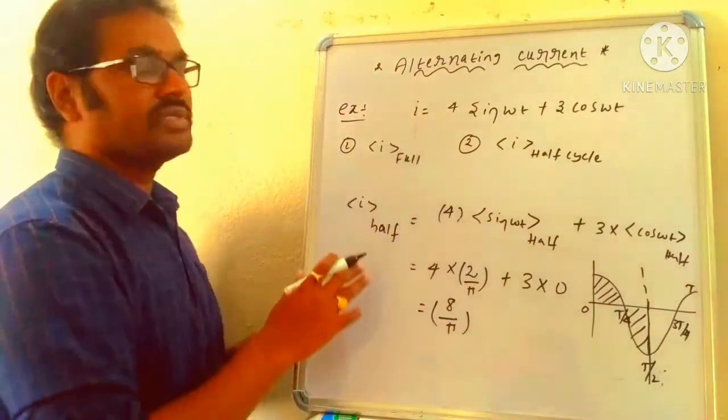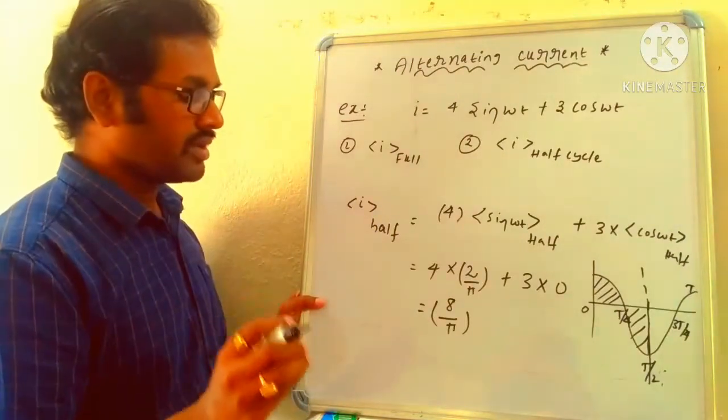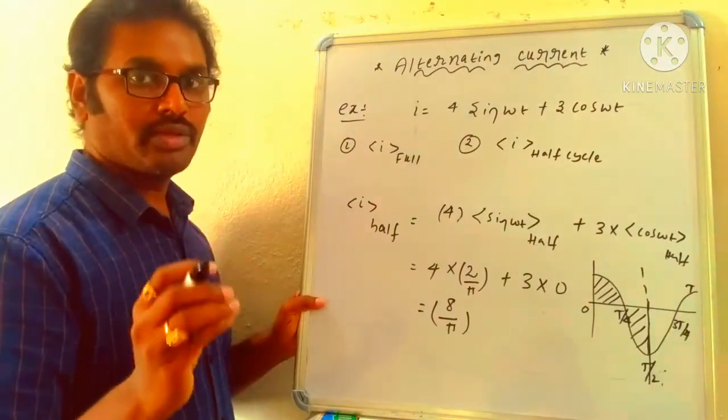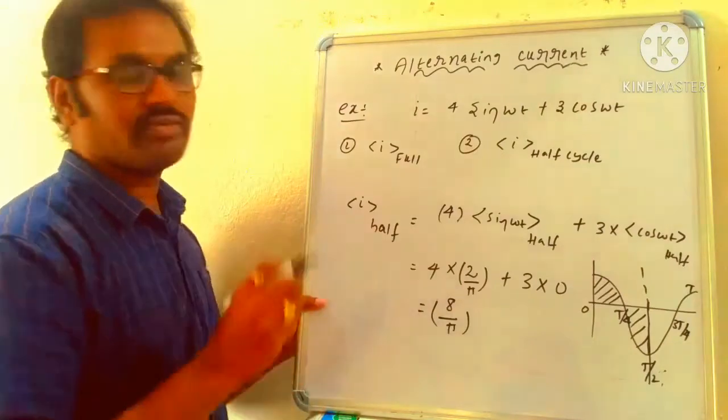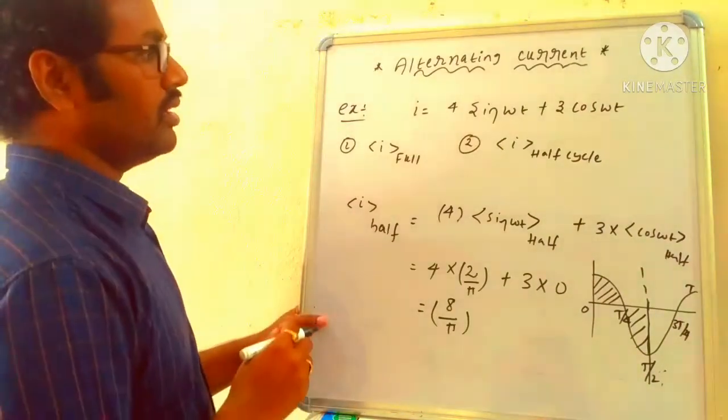So you got the second result, average current for the half cycle from 0 to T by 2, which is equal to how much? 8 divided by pi.